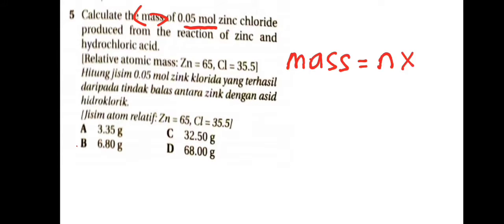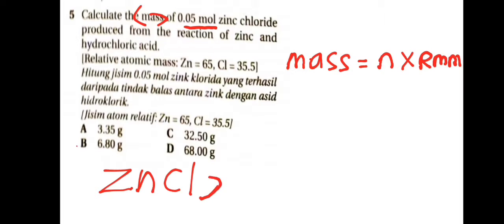So we want to find the mass given the number of mole, 0.05 mole zinc chloride. So what is the formula to find mass? Mass is equal to the number of mole times your RMM, or relative molecular mass. So you should remember the formula for zinc chloride.